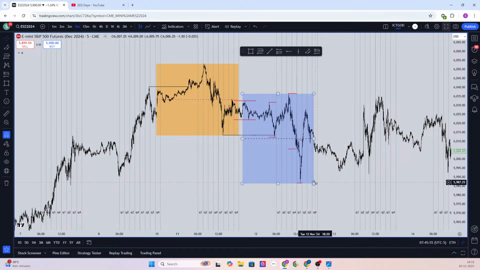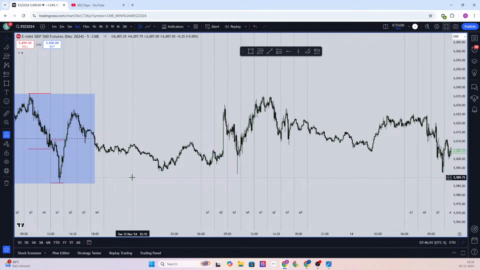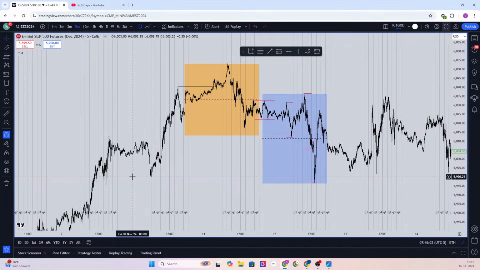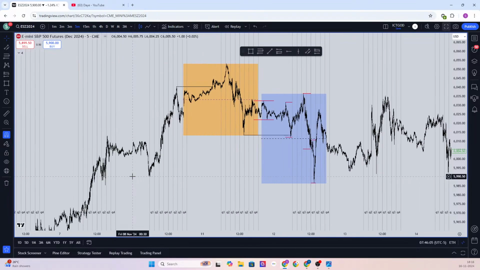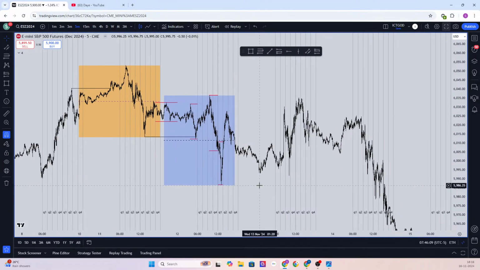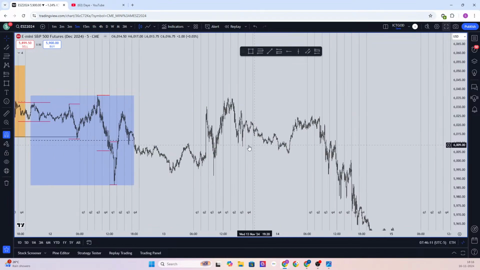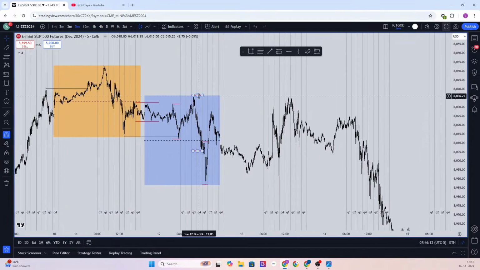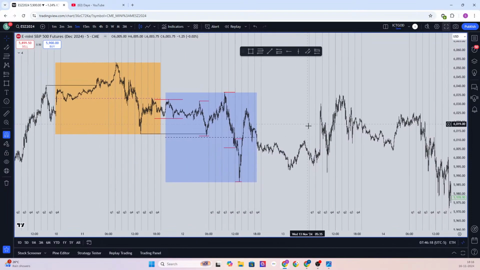So I would say it's a manipulation lower. It triggered the lower as well. So I would say this is accumulation, manipulation lower. So I would look for long setups here on Wednesday. Okay. Let's see how Wednesday went.